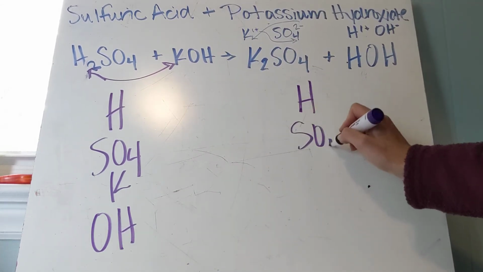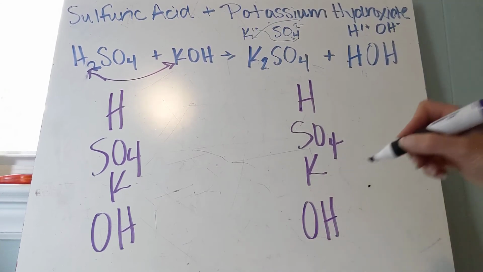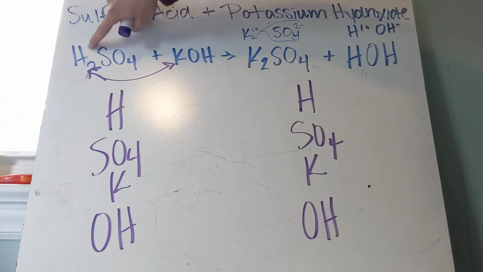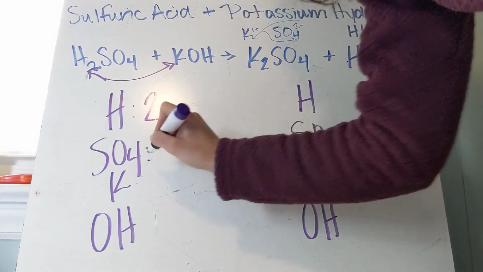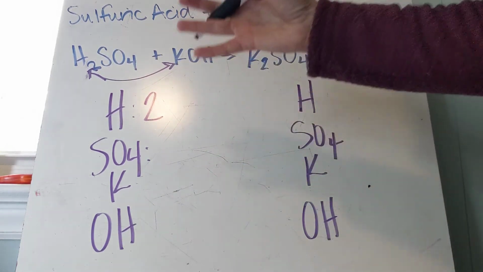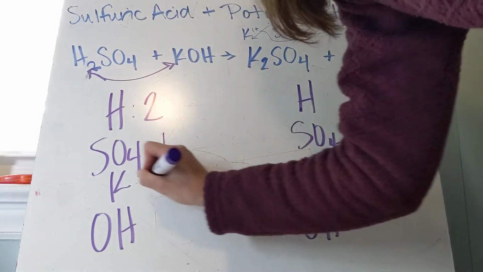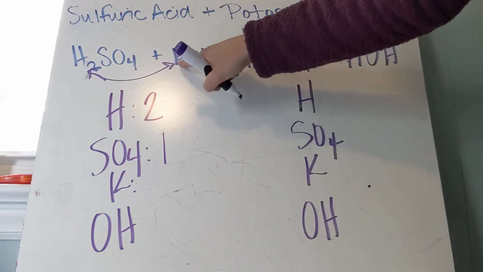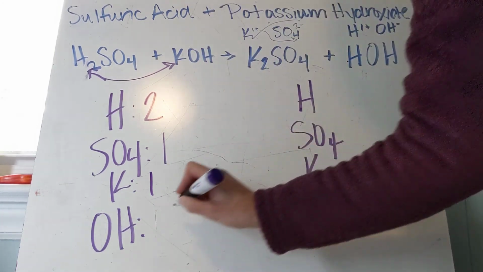Hydrogen, sulfate, potassium, hydroxide. How many hydrogens by themselves? 2. Sulfates, how many sulfates? 1. Potassium on the left, 1, and hydroxide, 1.